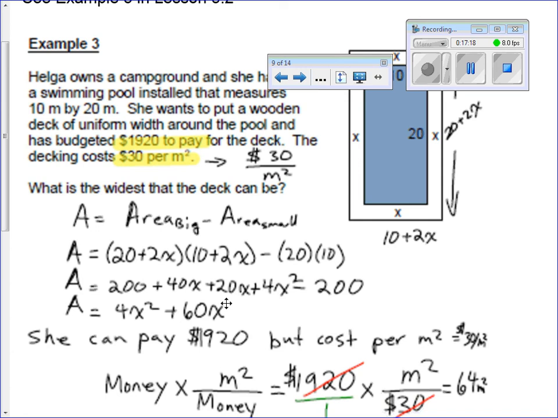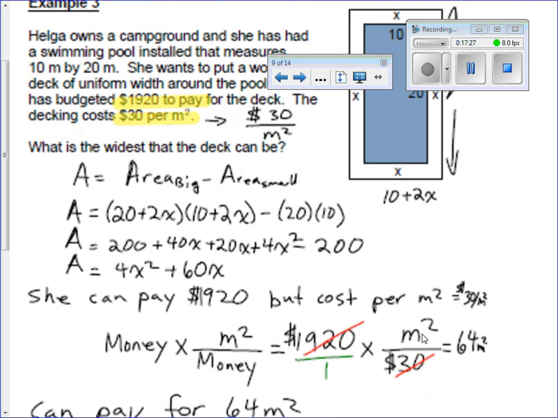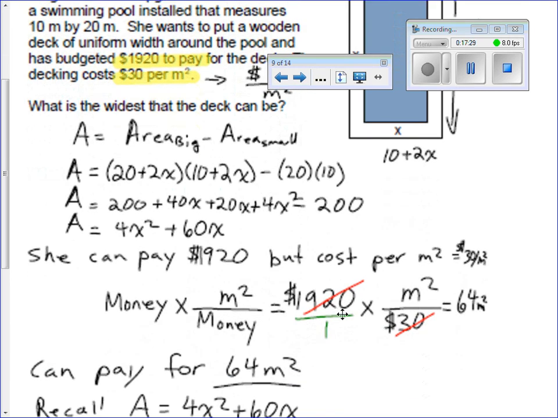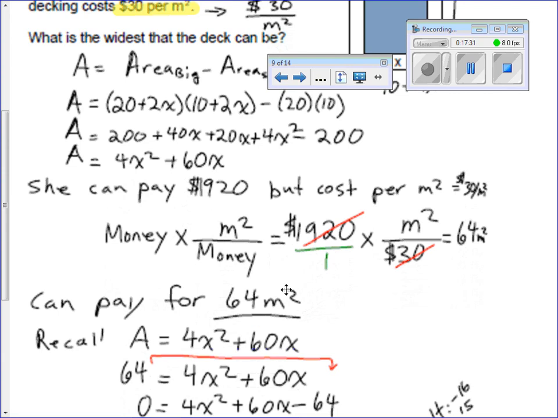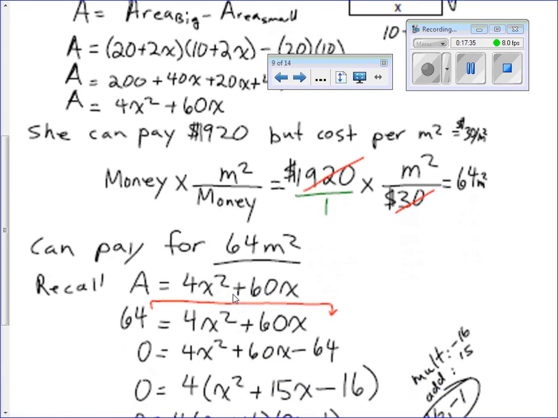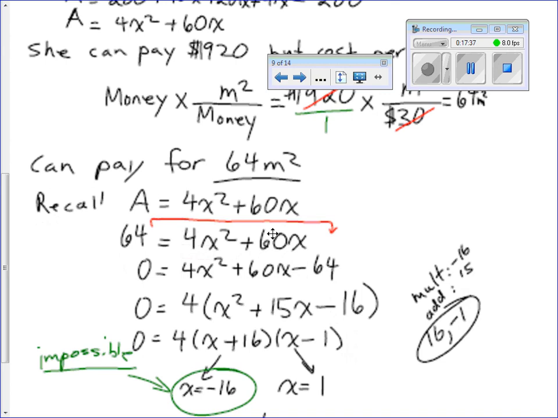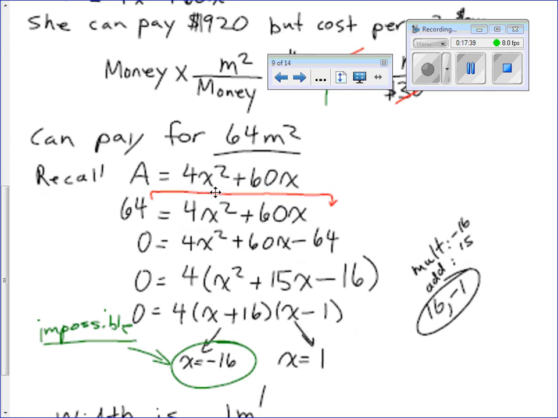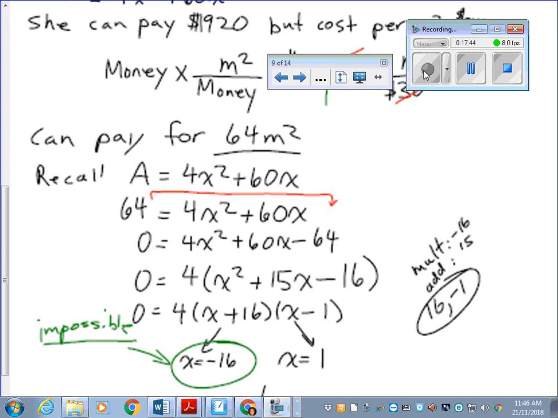4x squared plus 60x. Now, she says she can pay $1920, but can cost that much. So this is where we did that money calculation to figure out how many tiles she could pay for in area. Then we did this calculation where we solved for 0 equaling 4x squared plus 60x minus 64.